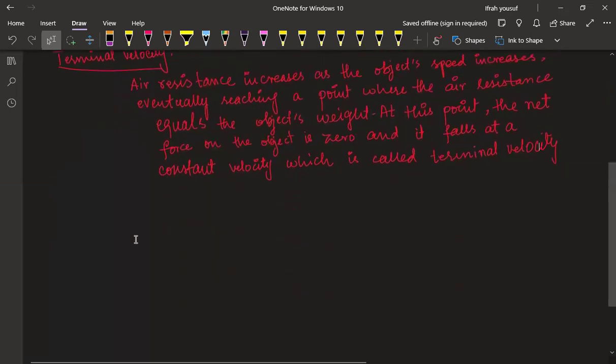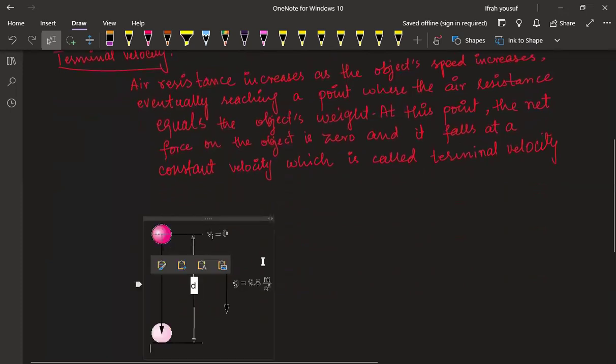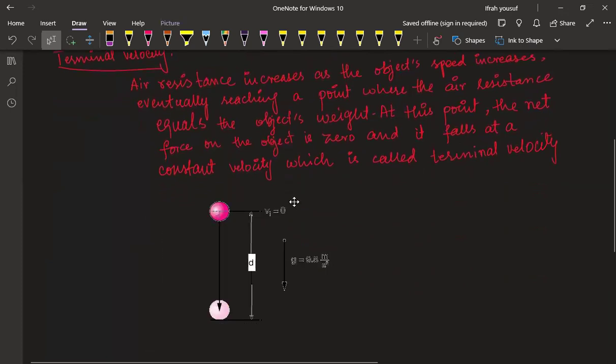Initially this is the case. When it is not released, it has initial speed 0. Now it is speeding up when it is released from here, and it goes down.